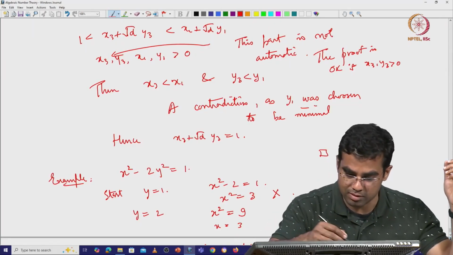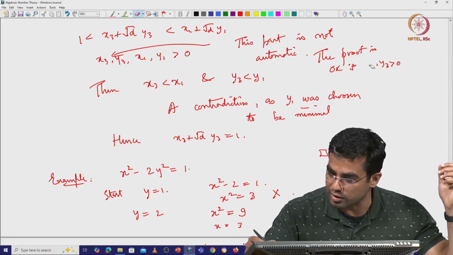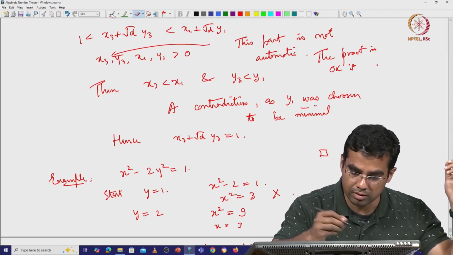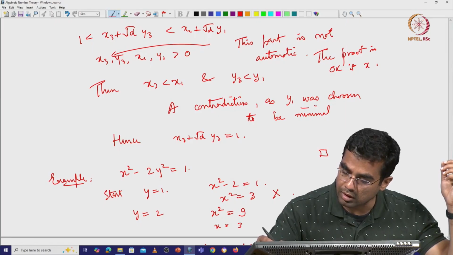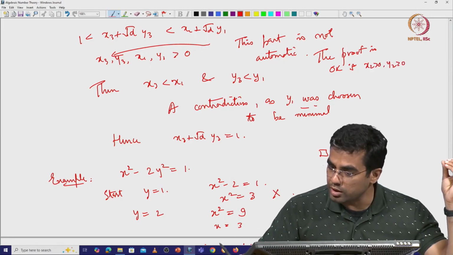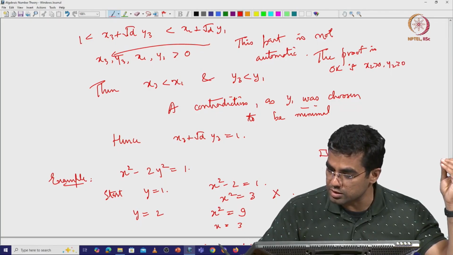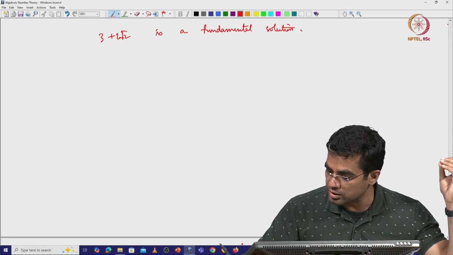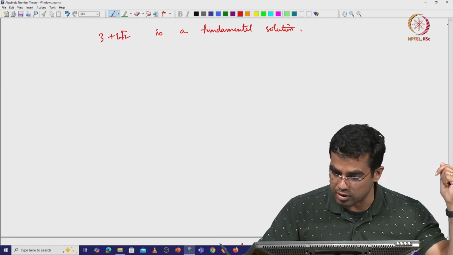Not this, I mean, what I mean is x2 and y2. x2 is bigger than 0 and y2 is bigger than 0. It can happen that one of them is positive and another one is negative, or they are both negative.